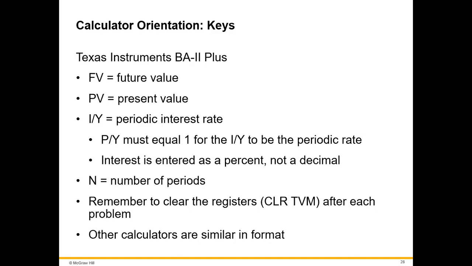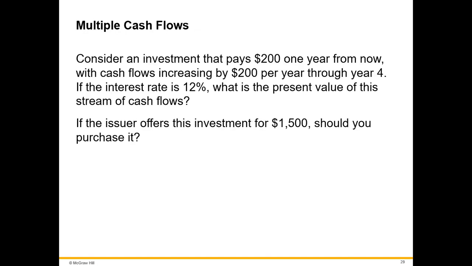But for now, if you wanted to calculate the number of periods, you could either use the formula or use your finance calculator to do that. Take a look at your instructions and see which one works best for you. Now, consider an investment that pays $200 1 year from now, with cash flows increasing by $200 per year through year 4.